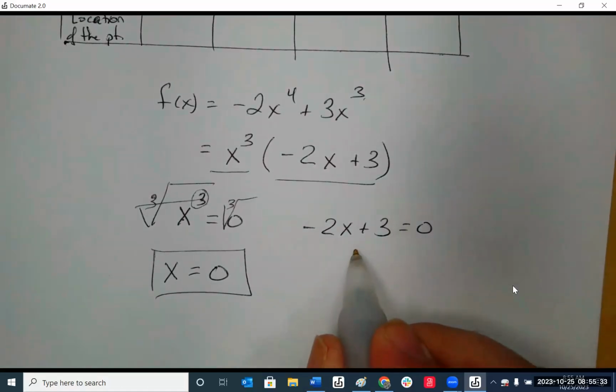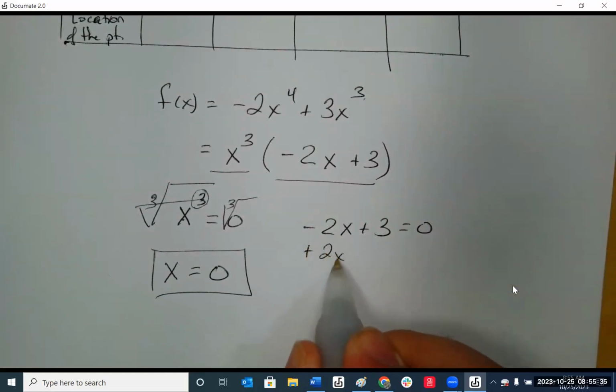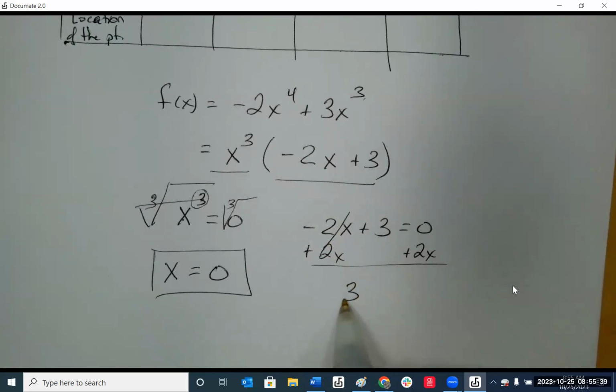And the other one, well, let's add 2x to both sides. 3 equals 2x. So x is equal to positive 3 over 2. This is my second x-intercept.